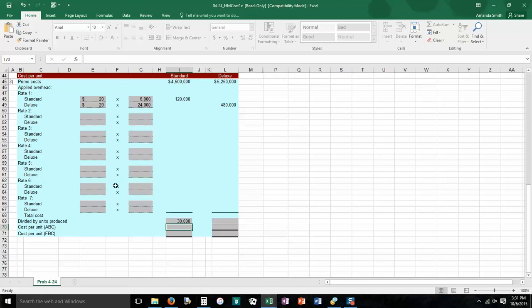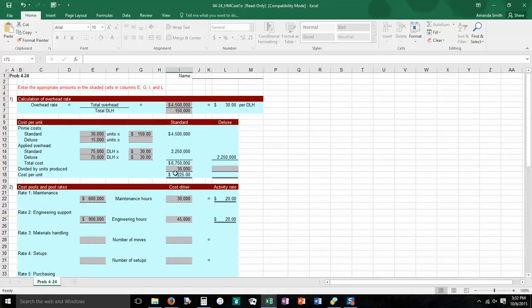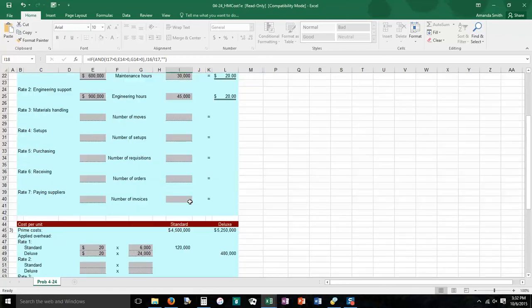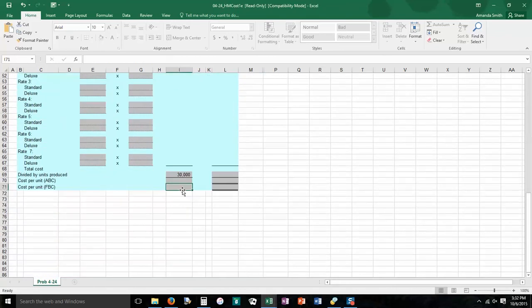Okay, so once everything is entered in, you're going to get a total cost right here. You're going to take your total cost divided by the units produced. That's going to give you your cost per unit of ABC. Your cost per unit of FBC is going to be the ending amount from number 1, or in this case, $225.